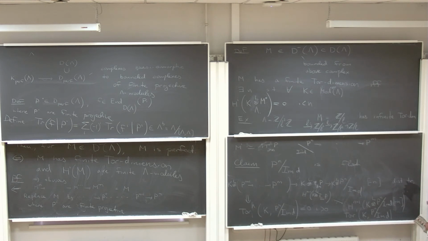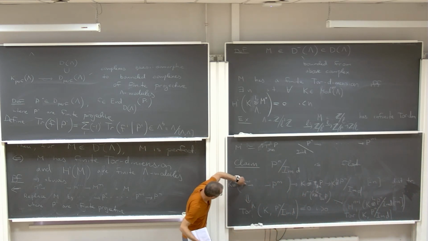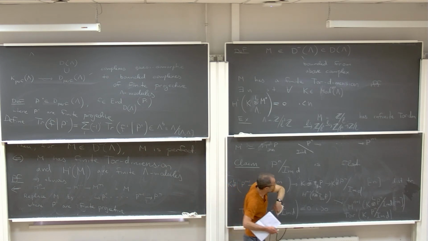So I'll write it here. So this will be Hn of the following complex. I need to take this tensor product. But all these guys are projective. So when computing the tensor product, I can do it termwise. So this will be Pn plus 1 tensor K, K tensor Pn plus 1, K tensor Pn.